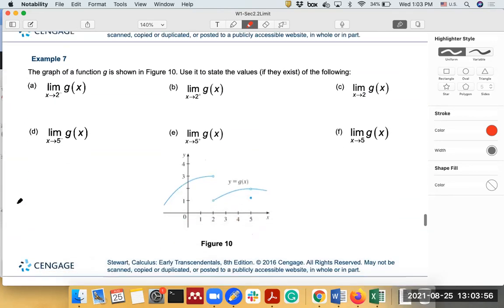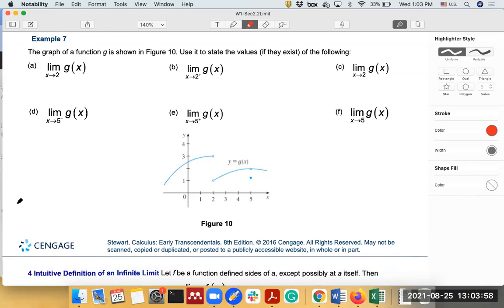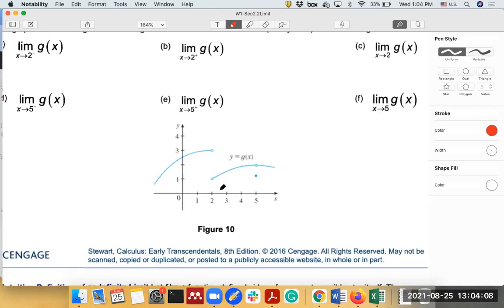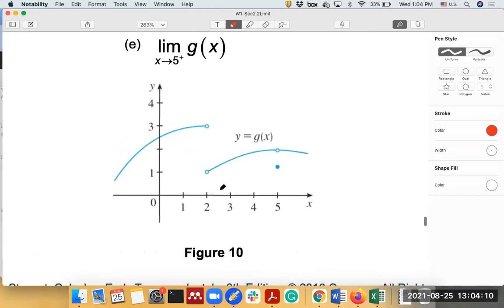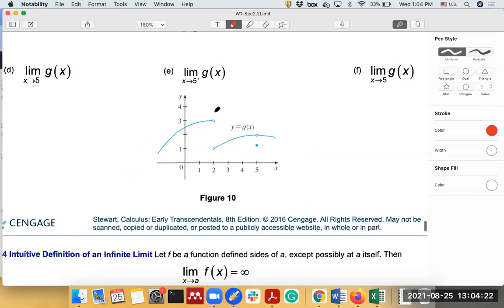Now, let us take a look at this example. Suppose we are given the graph of g of x here. Can you see it clearly? Better now? Okay, now answer this question.